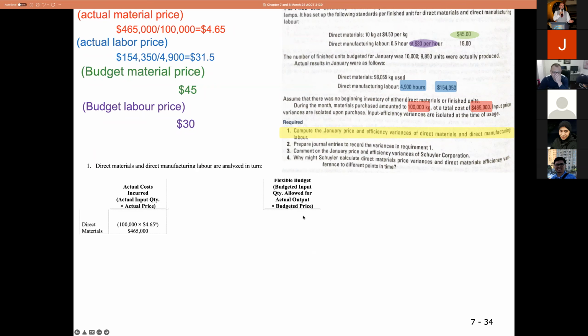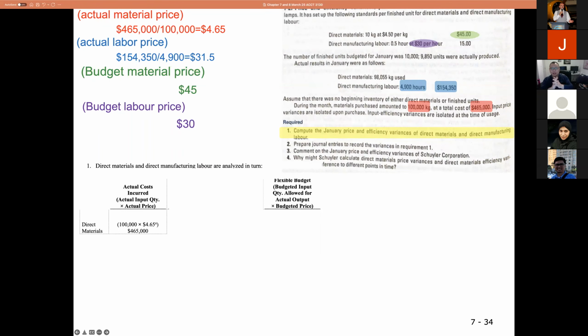So we are thinking about the same question. We are talking about materials. What's the budget price for the materials? And what is the conversion from the input to output? How many inputs do I need to get one output? How many materials do I need to get one lamp?